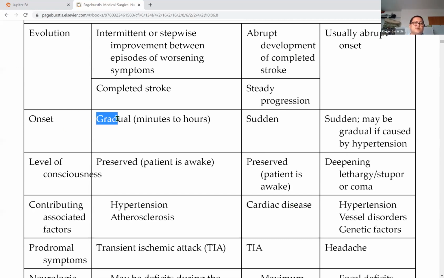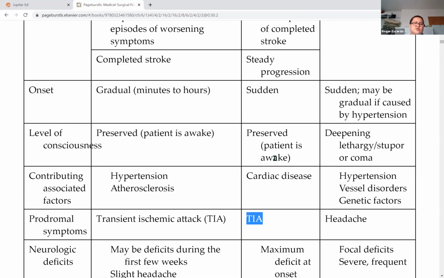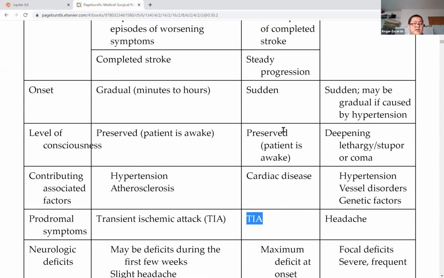This one is more slow, usually precipitated by a TIA. A TIA is also possible in embolic, depending on the size of the clot. If the clot is small enough, then it will only cause temporary obstruction of a cerebral artery.